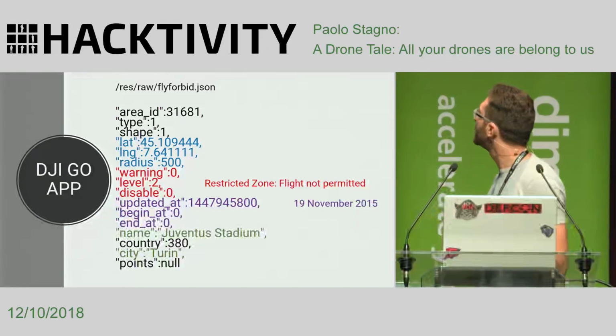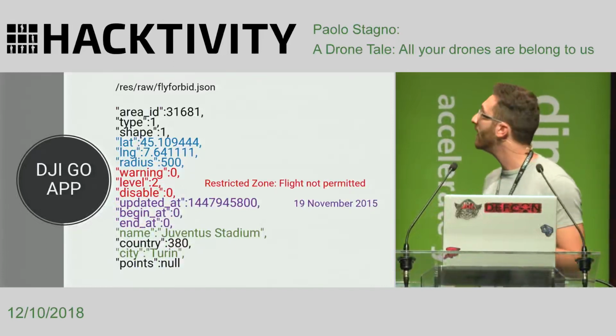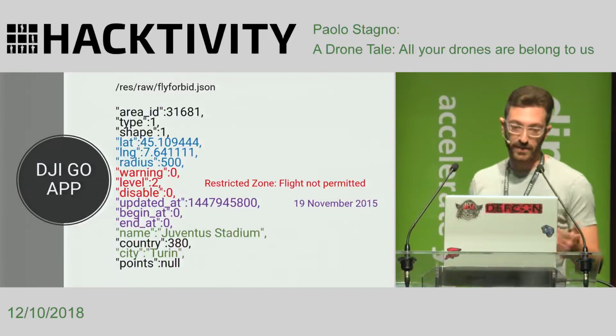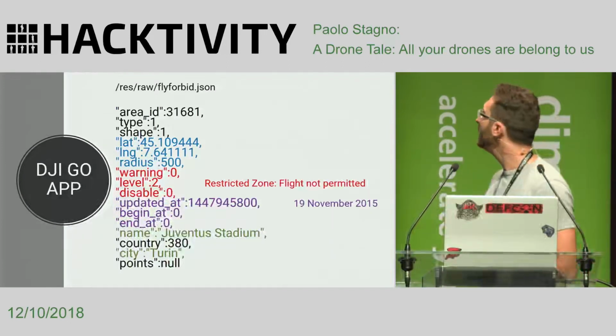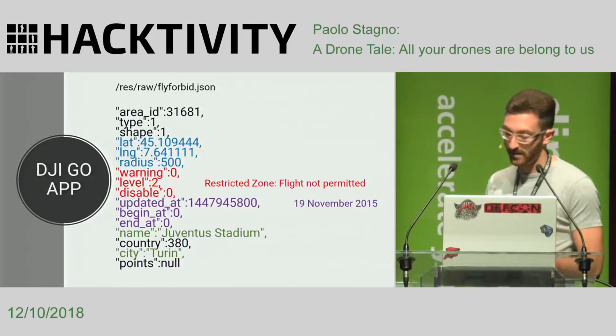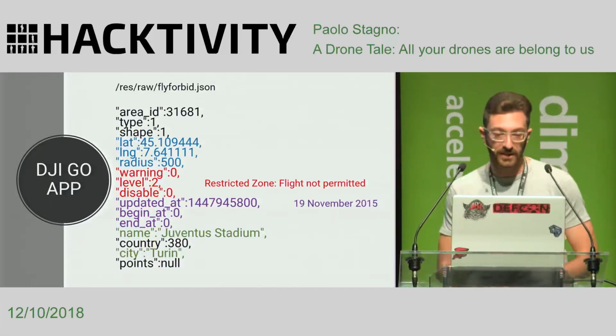While in violet, you can see the expiration time, or when a no-fly zone was first introduced into the no-fly zone list. And lastly, in green, you can see the name of the no-fly zone. As I said before, it is a stadium, the Juventus Stadium in my city, so the flight is not permitted.